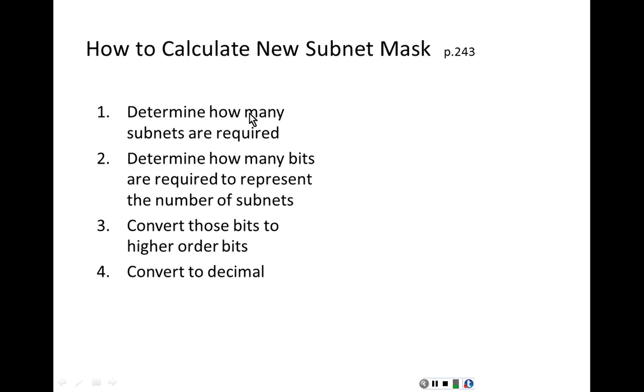So let's take an example. Let's say we need a total of 15 subnets. It's a lot of growth, a lot of new floors in this building that need networks, and we are going to need 15 subnets. So then we determine how many bits are required to represent that number of subnets, and 4 bits can represent the number 15.